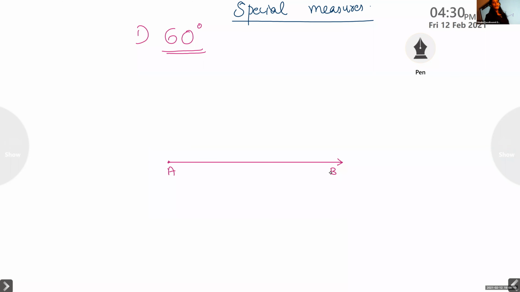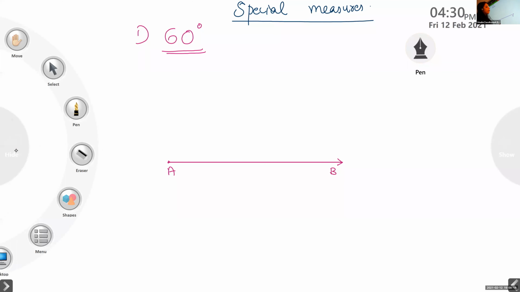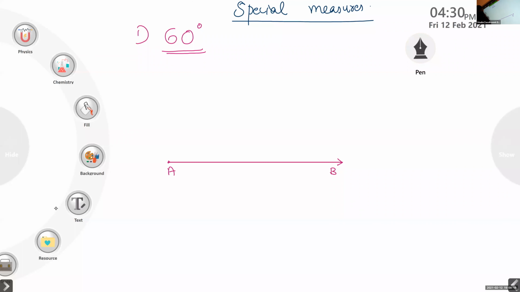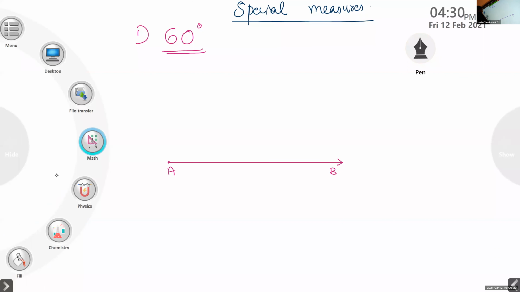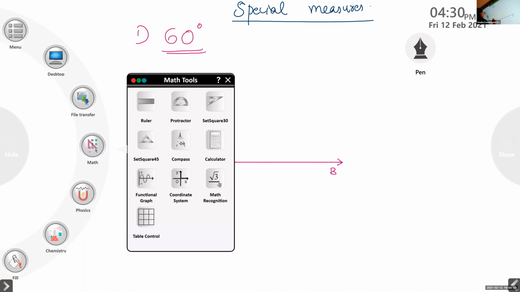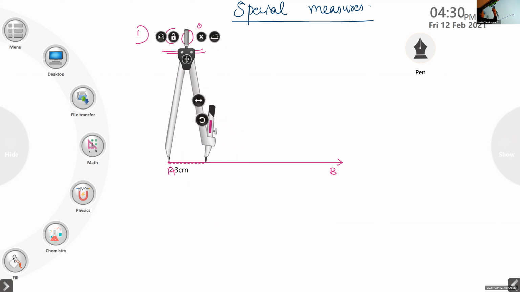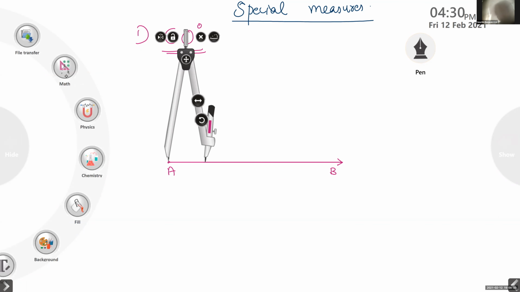This is the baseline for the angle. Now we should take our compass and keep it at A.